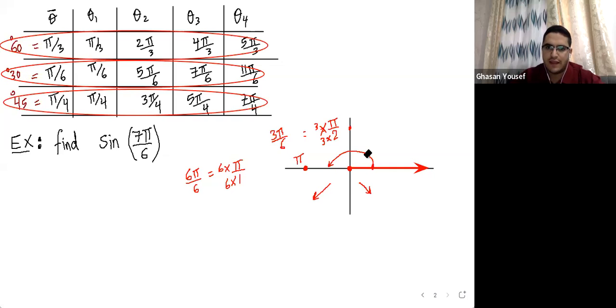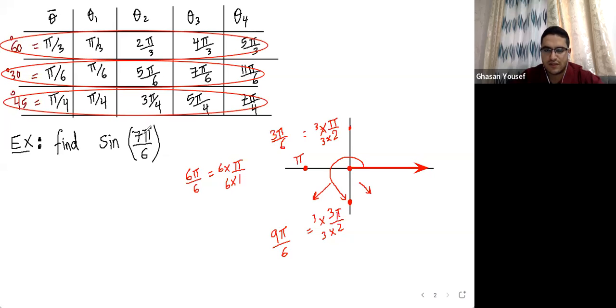Again, if you open the angle up to this point to check, this point is actually 3 pi over 2. You should make the denominator 6, so you have to multiply both sides by 3. You will get 9 pi over 6. And 9 pi over 6 is greater than 7 pi over 6.